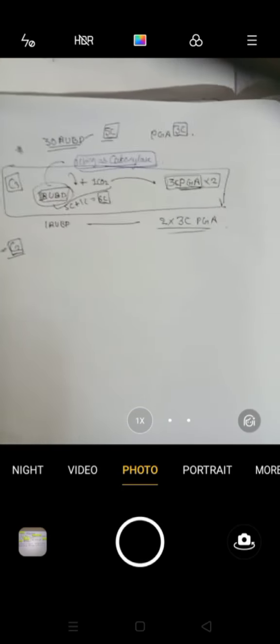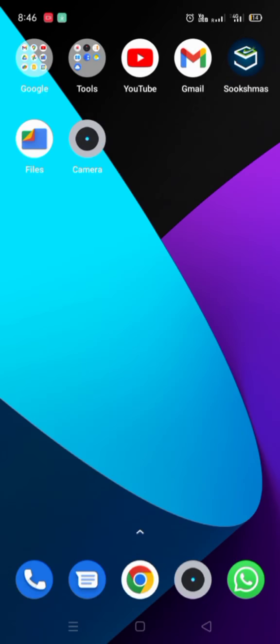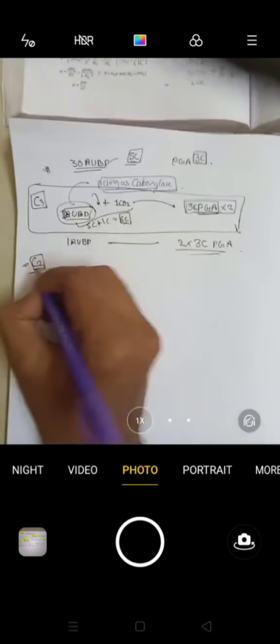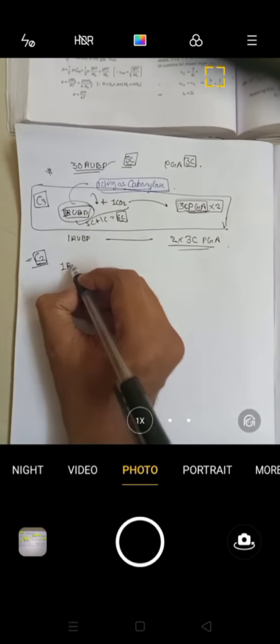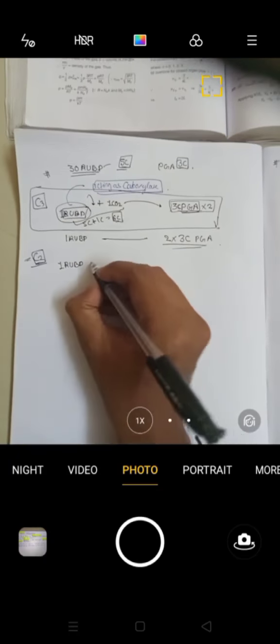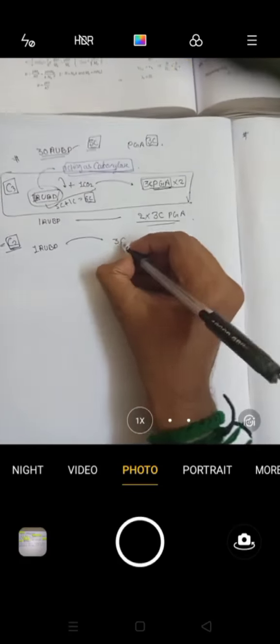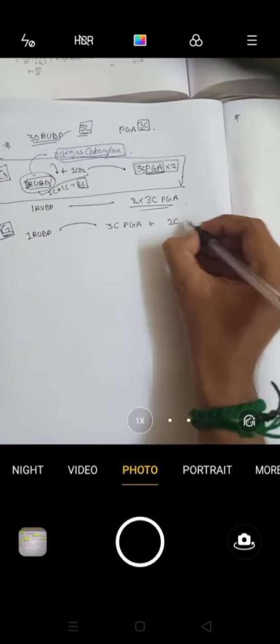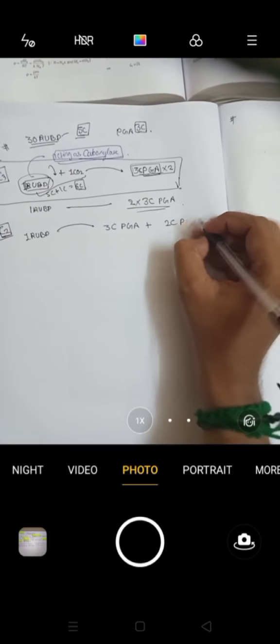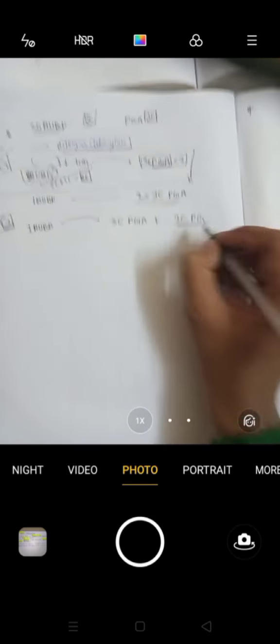It has both activities, carboxylase and oxygenase. So when we talk about the C2 cycle, what happens is that from one RuBP we get 3 carbon containing PGA, and also we get 2 carbon containing phosphoglycolate. It is an additional compound.